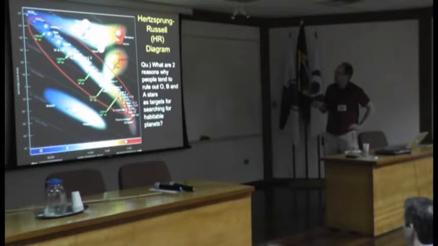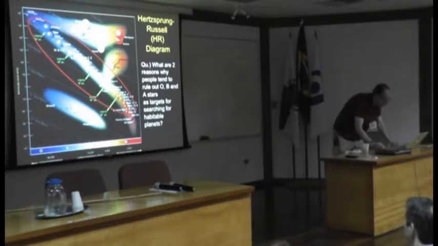Bearing in mind some guidelines here. One reason, of course, is lifetime, which is these stars are very young, and so, well, we don't know how long it takes for life to originate and develop, but these seem like a bad idea because they live for such a short amount of time.